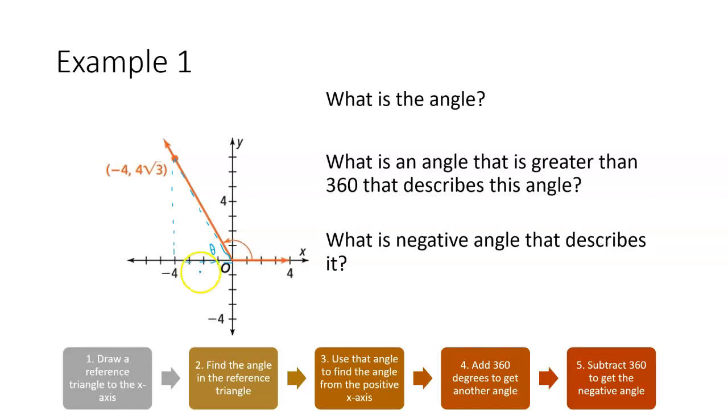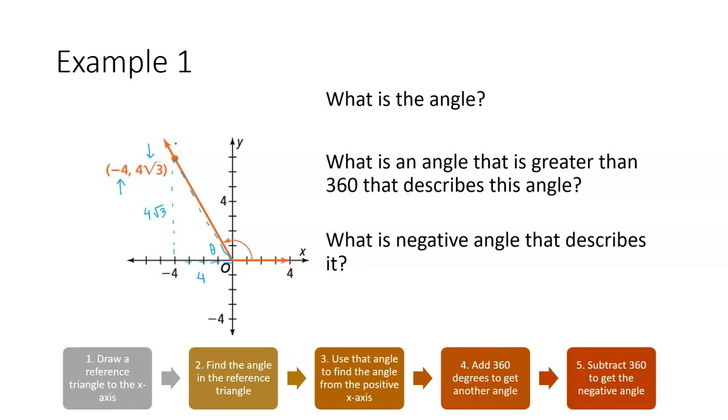What I know about this right triangle is that this side is going to be 4, partly because I can just see that on the graph, and partly because that's the x-coordinate. 4 is a distance. I know the x-coordinate is negative, but the distance in that triangle would still be positive 4. And then the height of the triangle is going to be 4 root 3, because that's the y-coordinate.